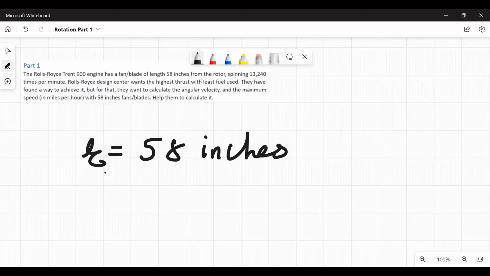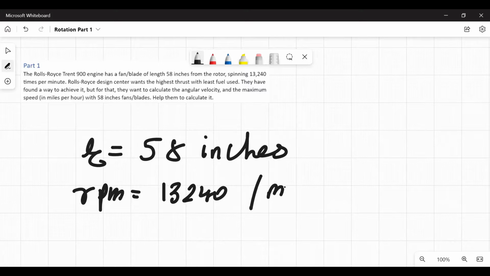Then we have the rotor spinning 13,240 times per minute. So that's the RPM, of course. RPM equals 13,240 per minute. It's rotations per minute, so let's just write that.